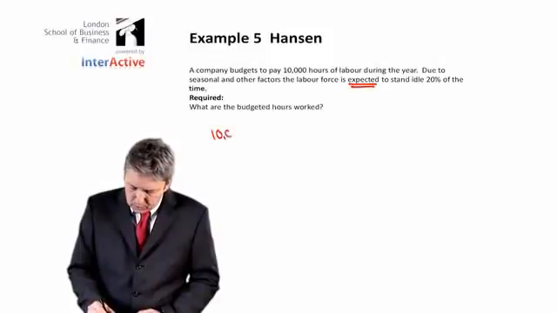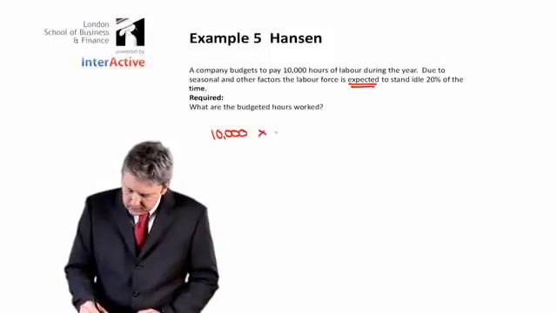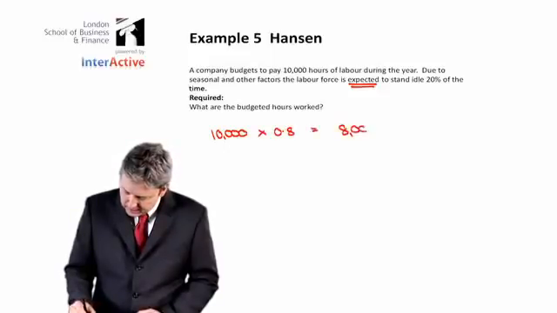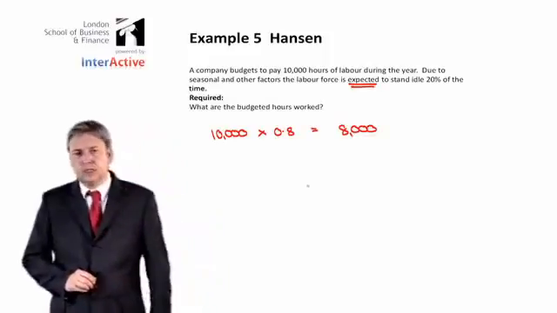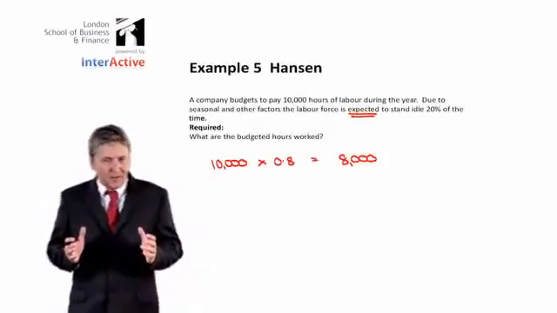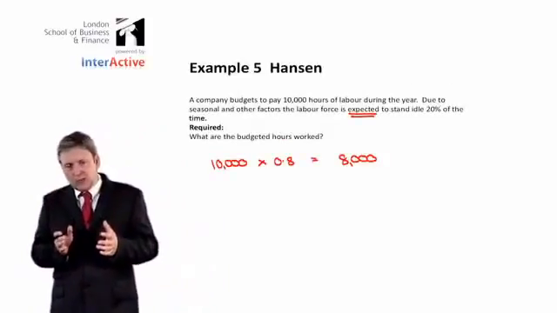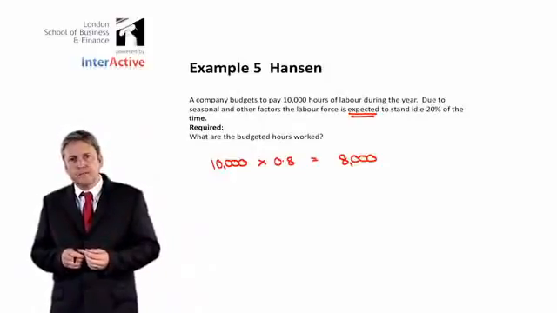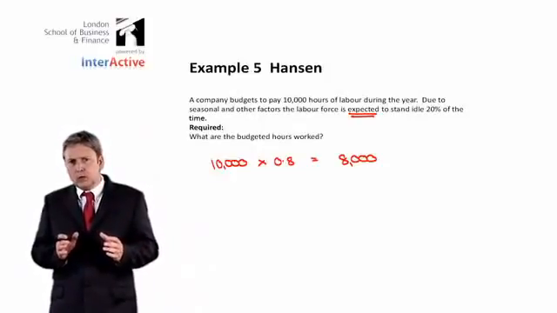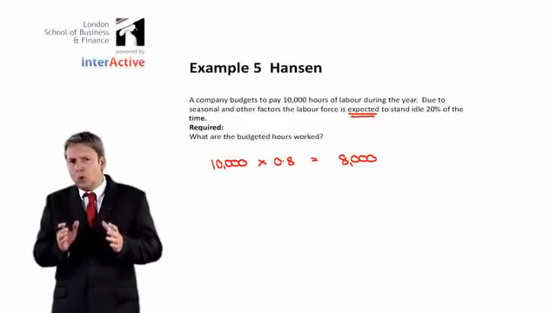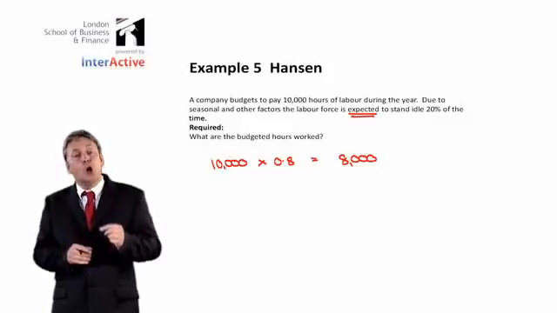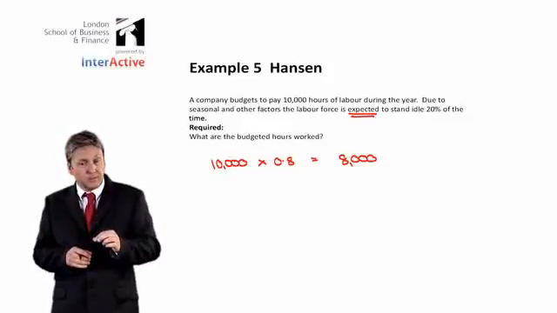So budgeted hours worked are simply going to be 10,000 multiplied by 0.8, 8,000 hours. The problem we have is this: because we budget to lose these 2,000 hours, we've got to make sure that we recoup all of the costs of labour over those hours that are worked.